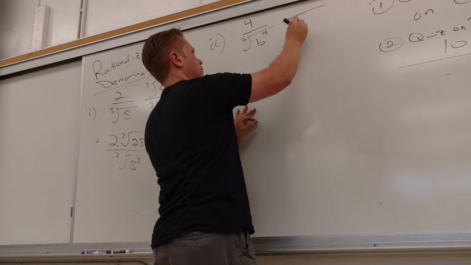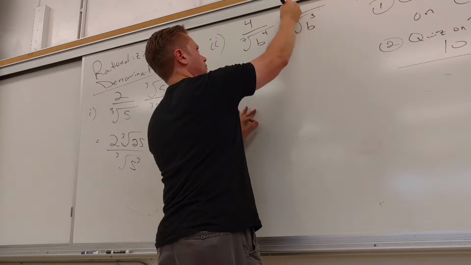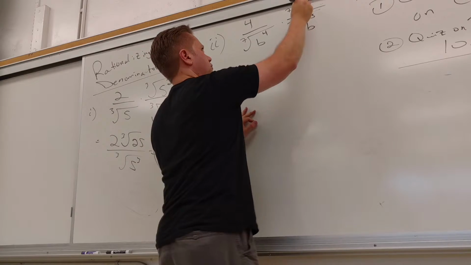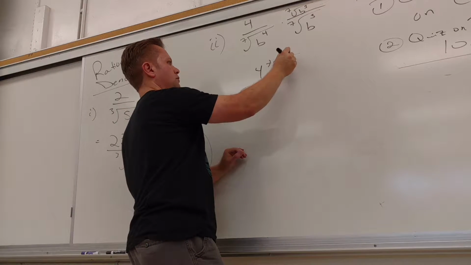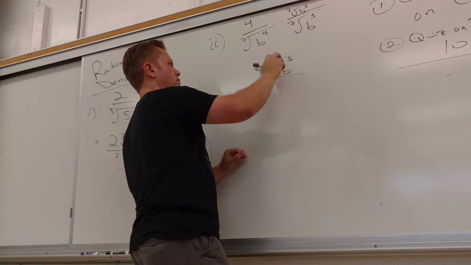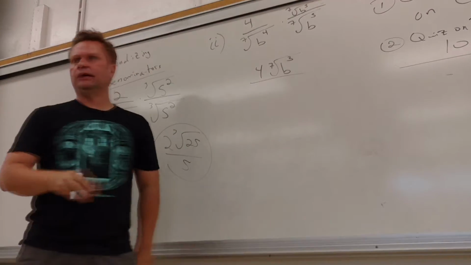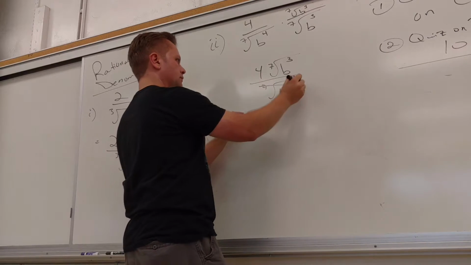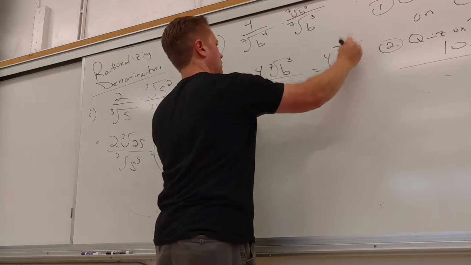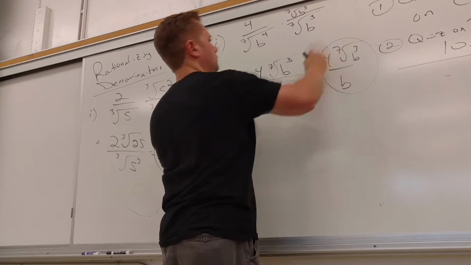So I want to give it 3 more b's so that matches the root. So on the top I get 4 times the 7th root of b cubed. What do I get on the bottom? b, because I get the 7th root of b to the 7th, which is b.